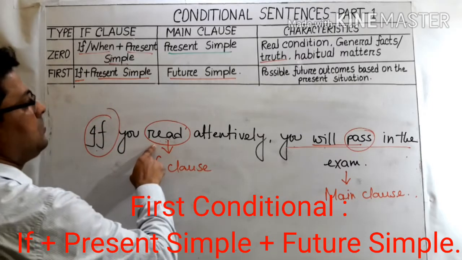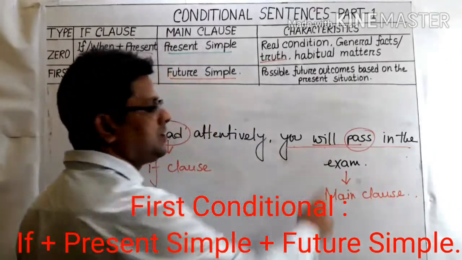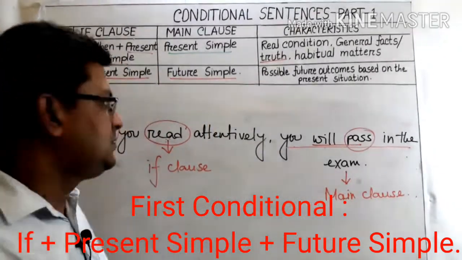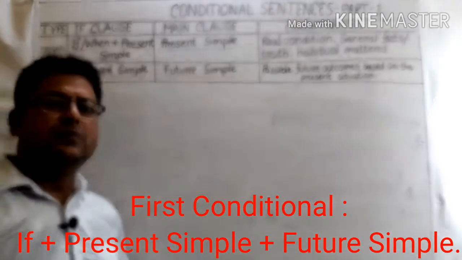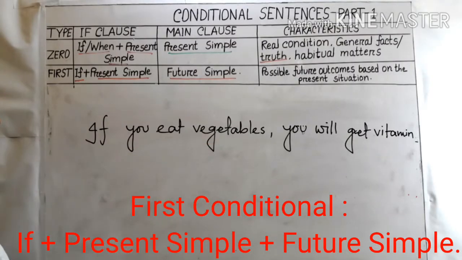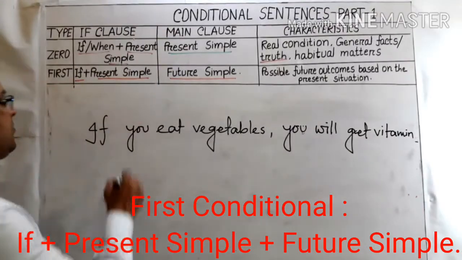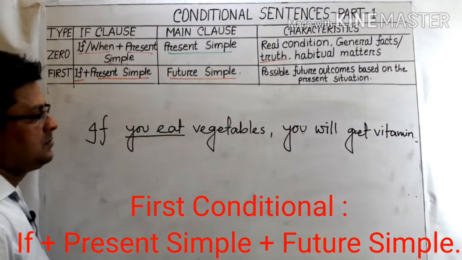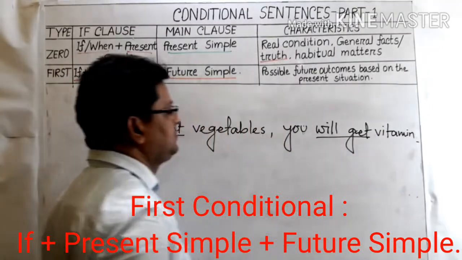On the other hand, the main clause contains future simple. That's why we call it first conditional. Now I will show another example. If you eat vegetables, you will get vitamins. Here the if clause contains present simple and the main clause contains future simple.